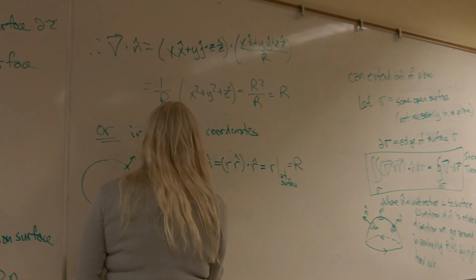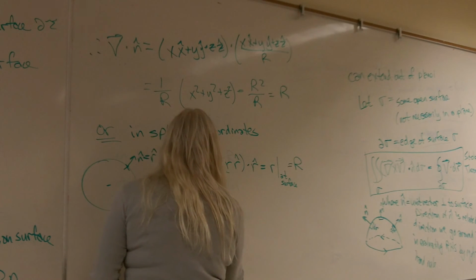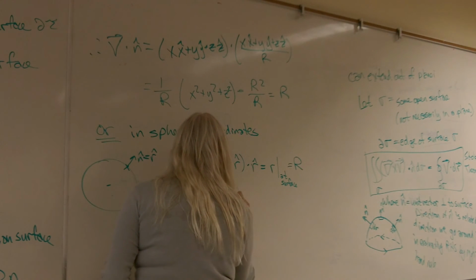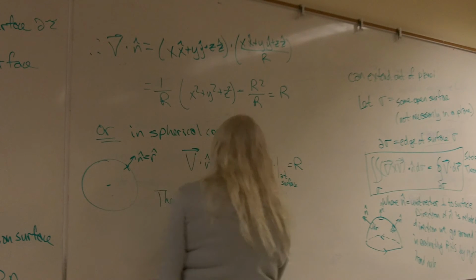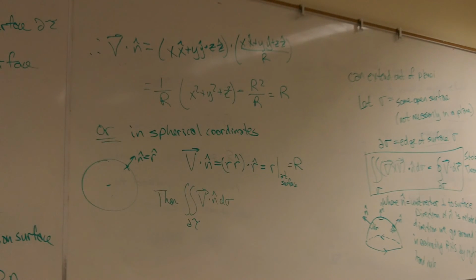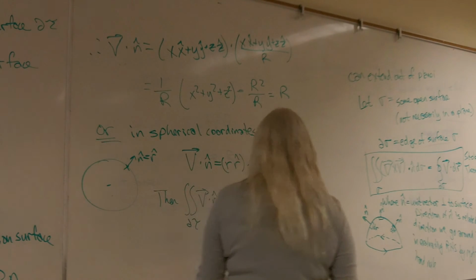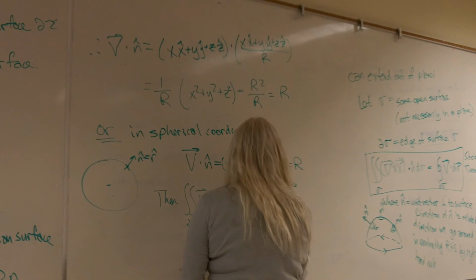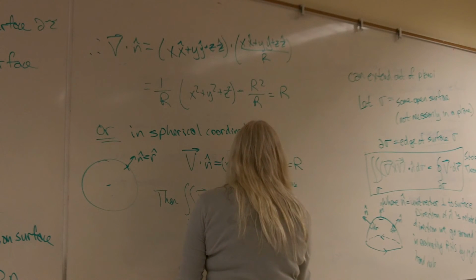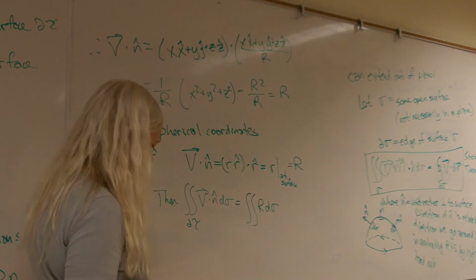And so the integral on the right-hand side of the divergence theorem, this integral right here, is, right, v dot n hat is just R, so R d sigma.